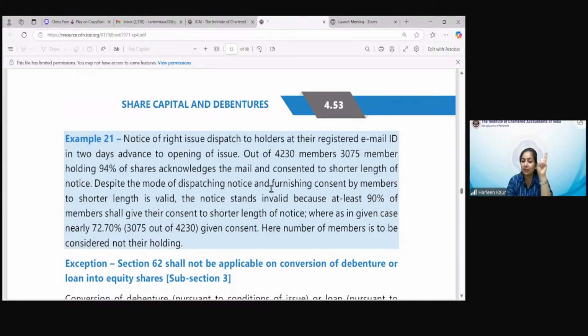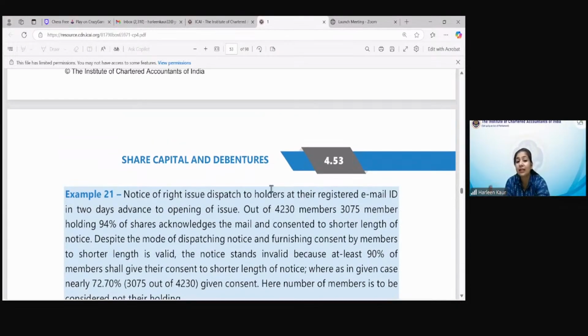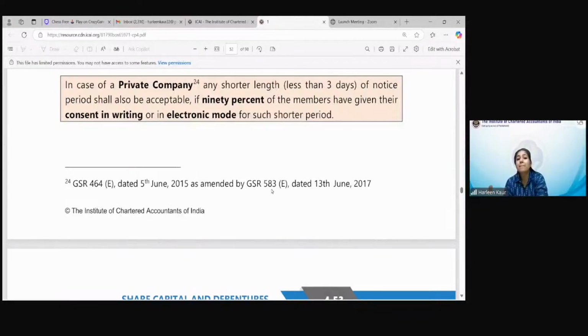How many days before did they have to inform? 3 days before. How many days before did they inform? 2 days in advance. Can the shorter notice be accepted? Yes, ma'am, if 90% of the members have given their consent.